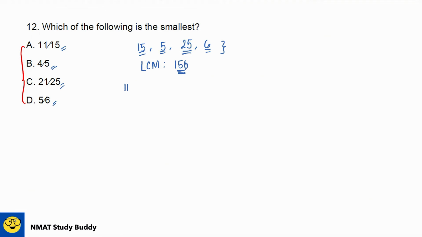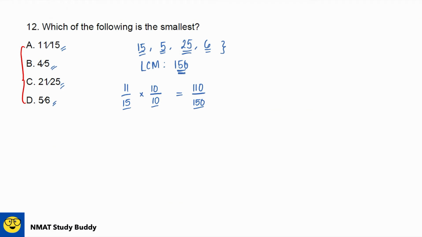So, yung 11/15, ano yung kailangan mong i-multiply para makakuha ka ng denominator na 150? Yung pwede mong multiply dito is 10/10, 'di ba? Pag multiply mo yung 15 sa 10, makukuha mo yung 150. So, yung numerator nito is 11 times 10, so 110.